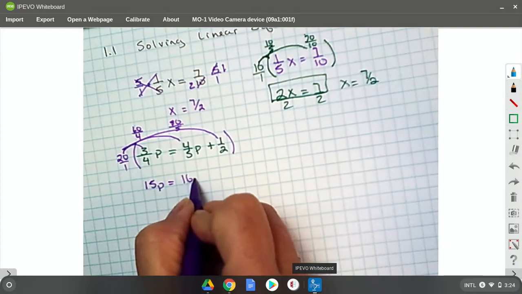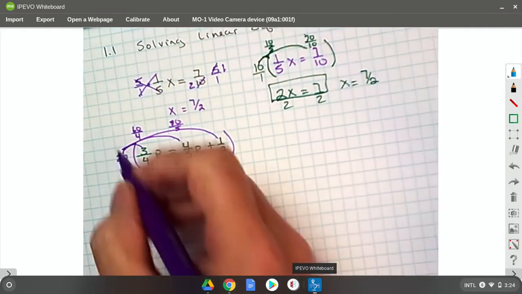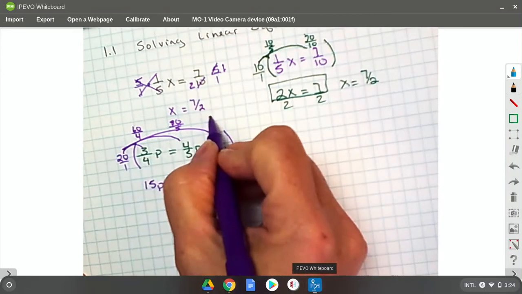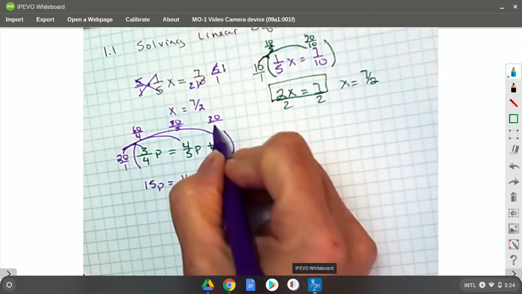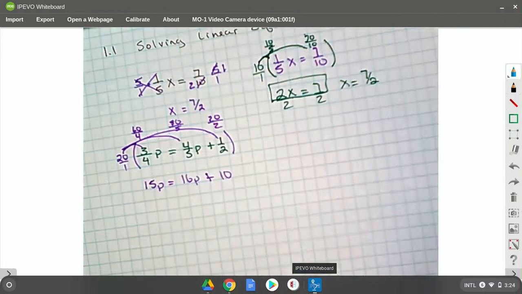And that gives me a 16p. Okay. And then 20 times 1 is 20. And 1 times 2 is 2, so 20/2 gives plus 10. Okay. It's the same exact equation.